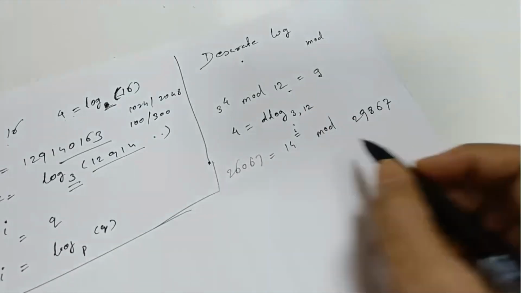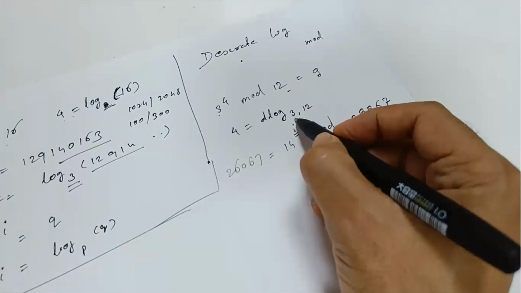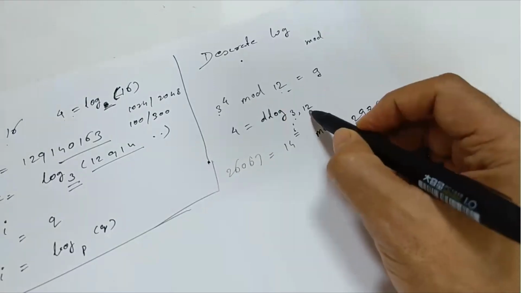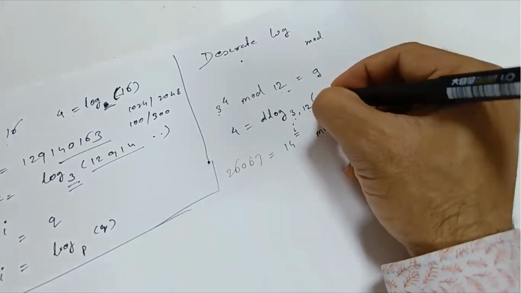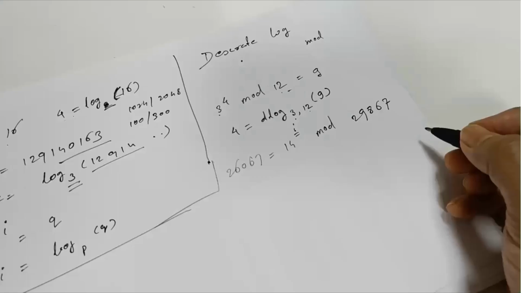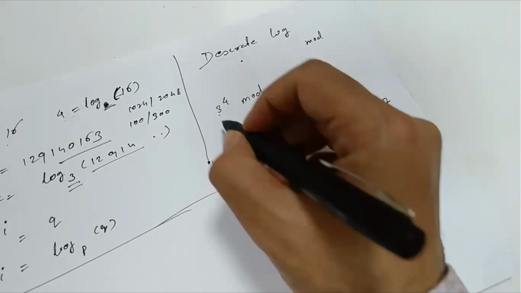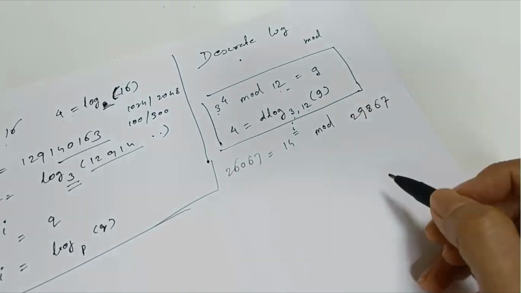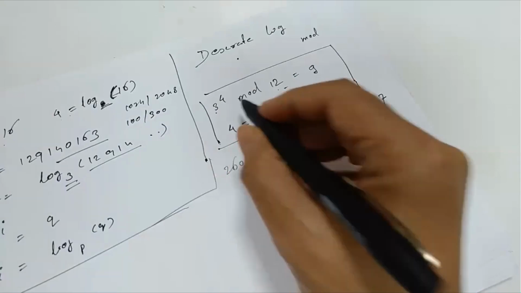This item will be the first one, and the modular, whichever mod operator, is the second one, and then you take the mod of the 9. So this is the representation in a discrete log for the modular operation.